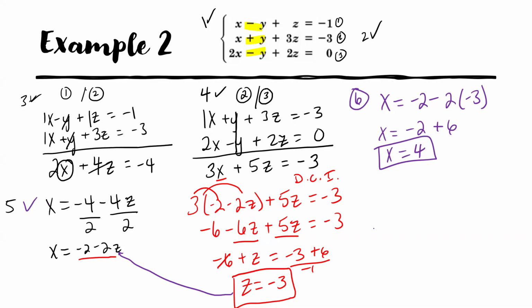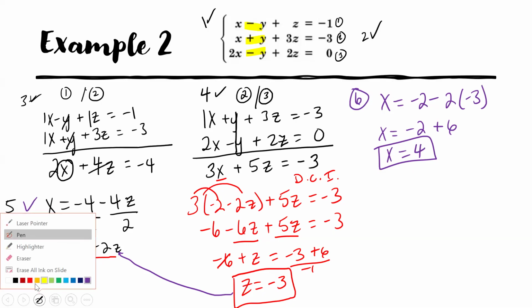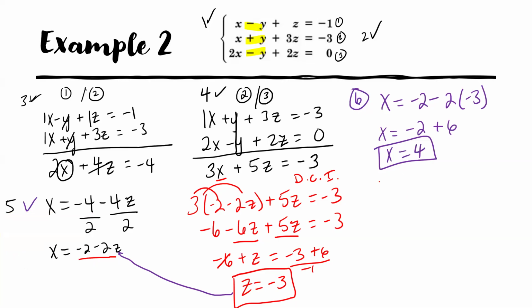Doesn't really matter, right? But it's easier with the first one because all of them have a coefficient of 1. All right, so we're going to plug in what we know to solve for y. X is what? 4. We don't know y. Z is what? -3. And this equals -1. 4 minus 3 is what? 1.